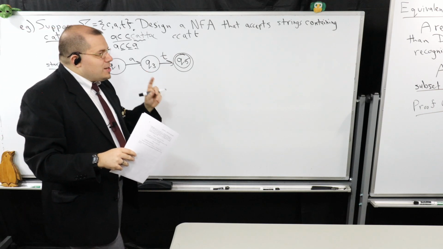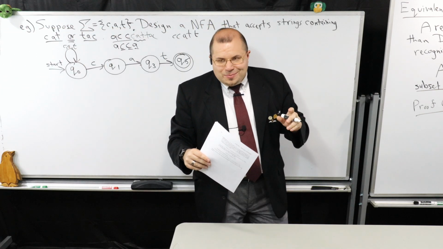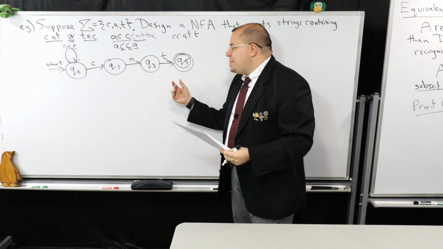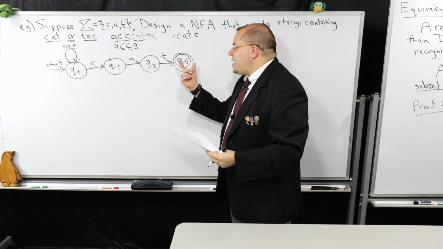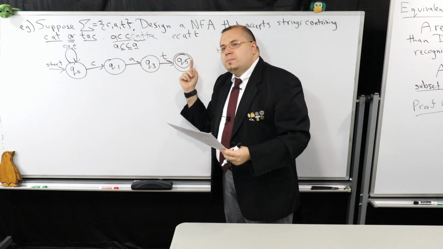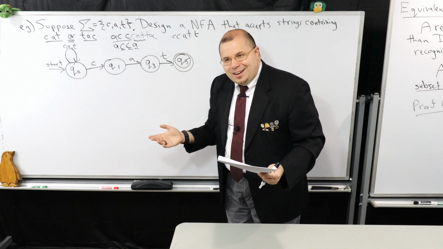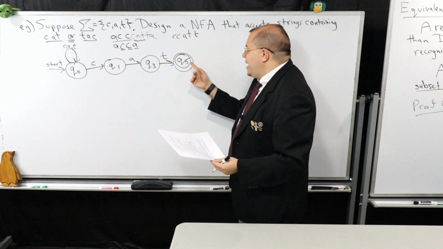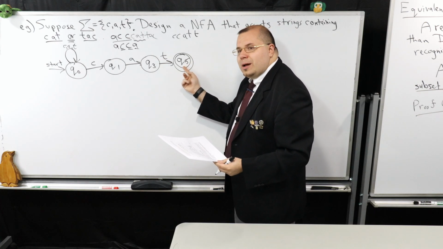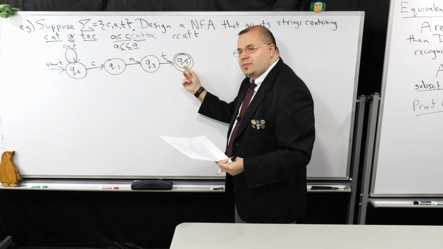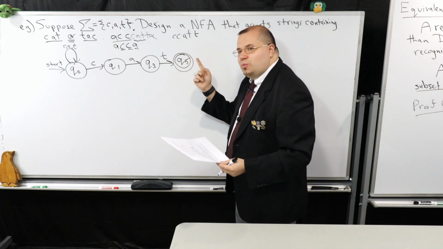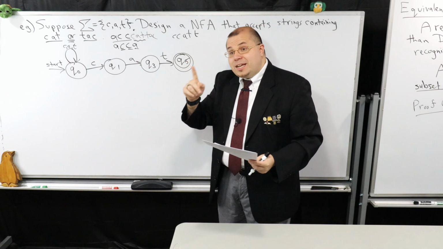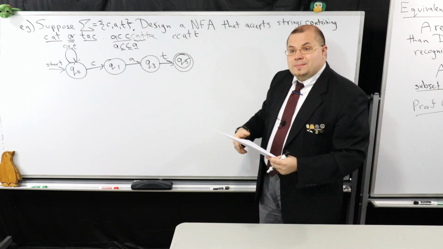Now, believe it or not, I don't need a garbage state because ultimately, any symbols I have after I read cat don't matter, right? As long as I read cat, I'm okay. So if my goal is to stay in Q5 when I'm in the final state after I read cat, maybe I should use what? The garbage state is a great guess, by the way.